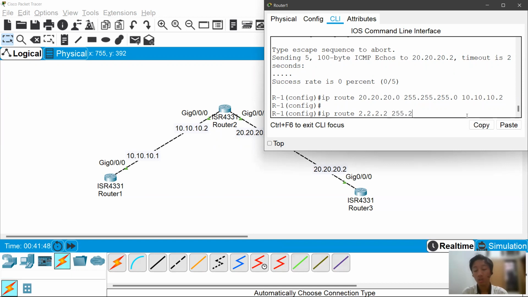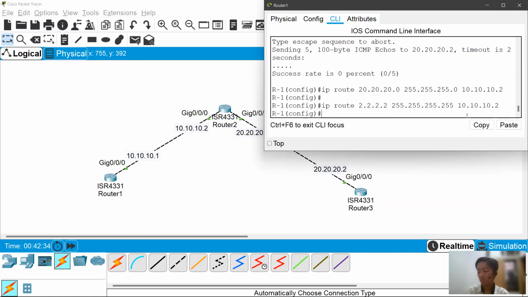Like this. Don't forget to put the network 2.2.2.2. Why not 2.2.2.0? Because with /30 there is only one usable IP. That is okay, and don't forget to put the subnet mask. Don't forget to put the gateway. The gateway is the same.